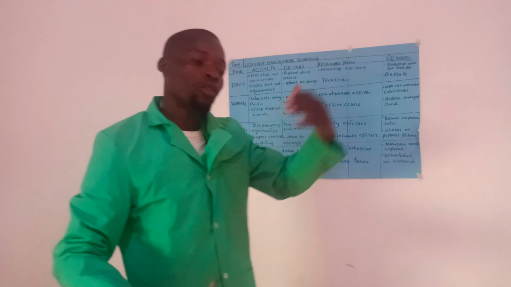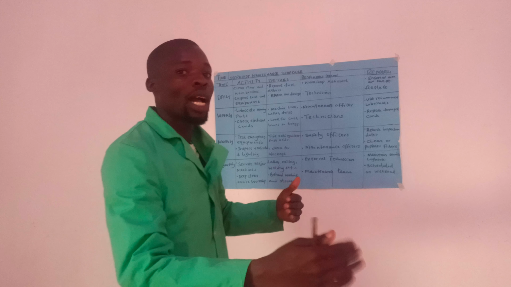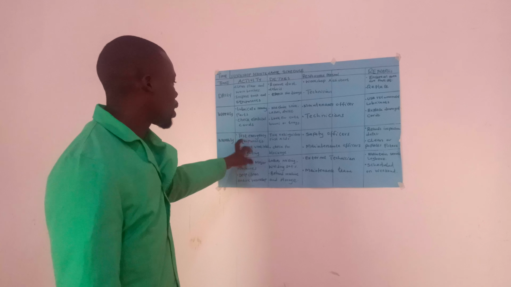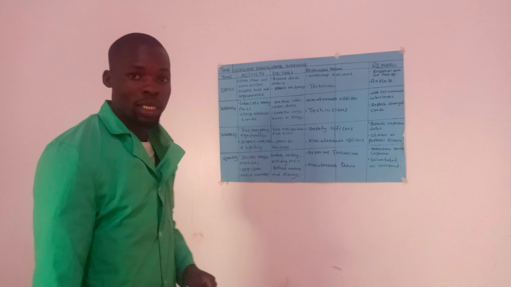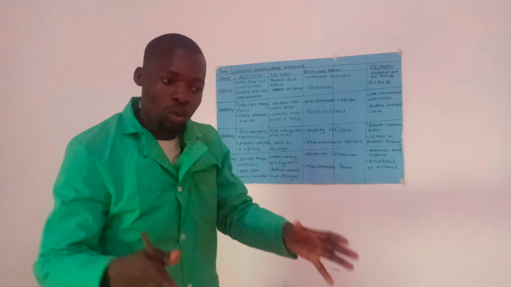Apart from that, maintenance can also be done on a monthly basis. On a monthly basis, we go for long-term activities, like testing emergency equipment. You can have equipment in good working condition over a duration of time, but with time, you know that equipment goes through wear and tear.